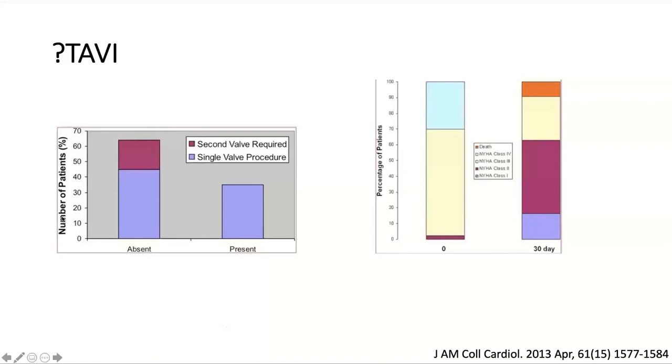The graph on the left represents absent or present calcium within the aortic root, showing that TAVI was the most successful if there was calcification existing in the root, whereas if there wasn't, they actually required a second valve implantation. And on the right, looking at NYHA class, there was some improvement.